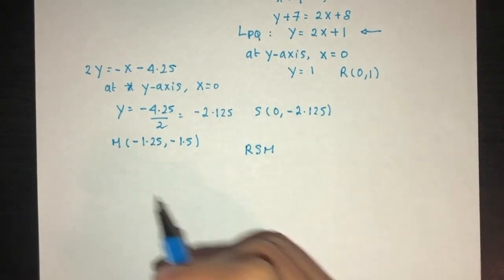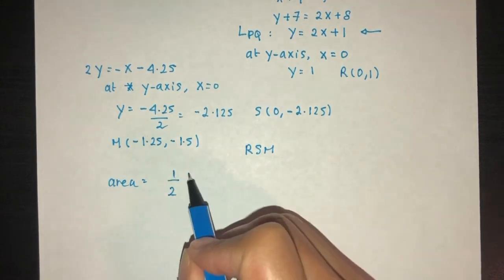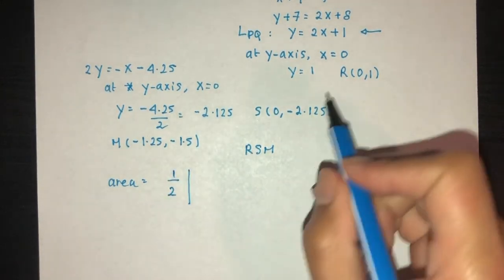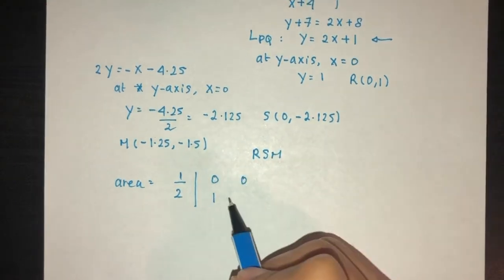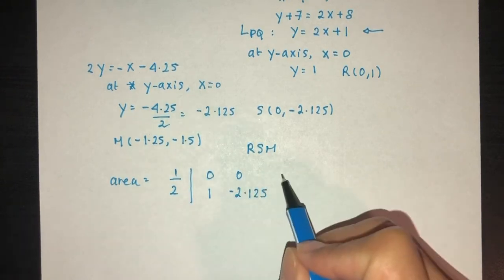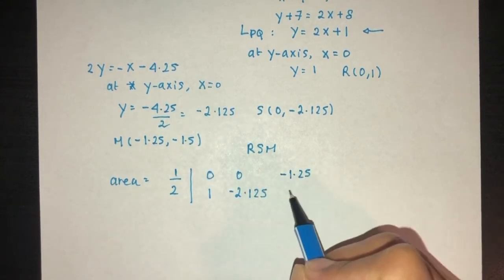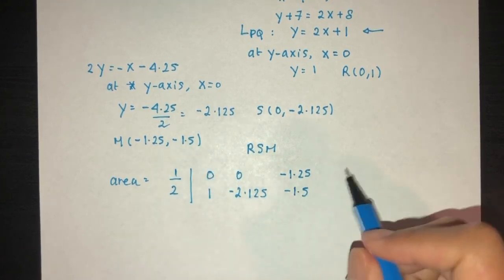We can just use a formula. So area is equal to half of modulus. R is (0, 1), S is (0, minus 2.125), M is (minus 1.25, minus 1.5), and when you begin with this point, you have to end with the same point.